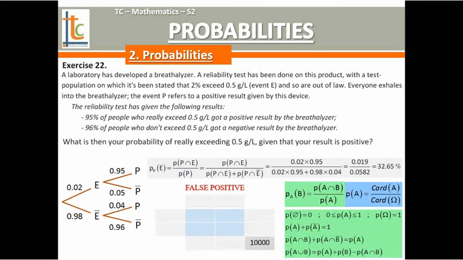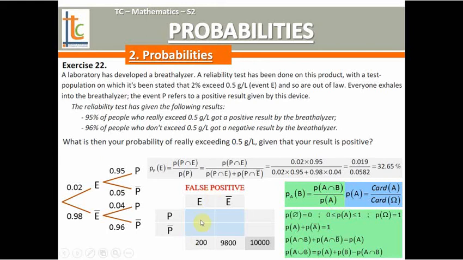So let's build a table with 10,000 people as an example of the total number of people, whatever the total. So you just have to take a round number that is a simple one. And let's read again the exercise. 2% of them are in E. So that represents 200 people. And 9,800 people are not in E. Okay. So now what for P and P bar?